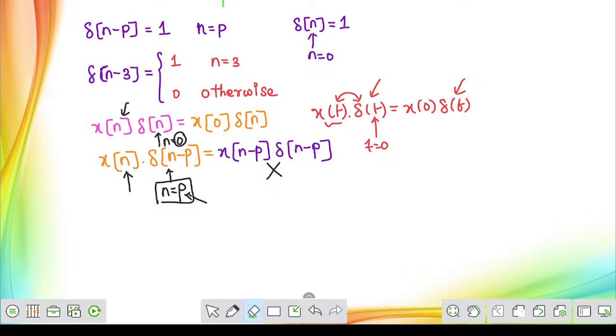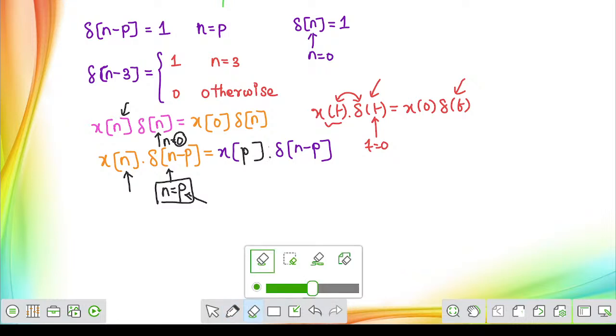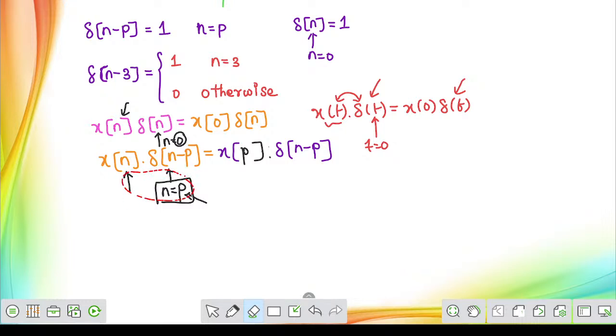So the correct way of writing this expression is x of p into del of n minus p. Hope you will not forget. Okay, so don't make this mistake. Please be aware of this.